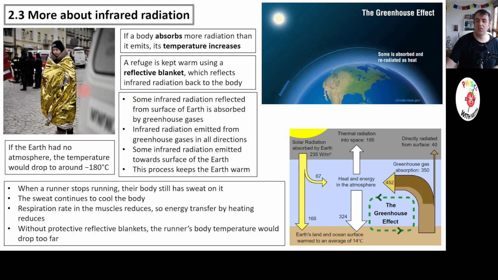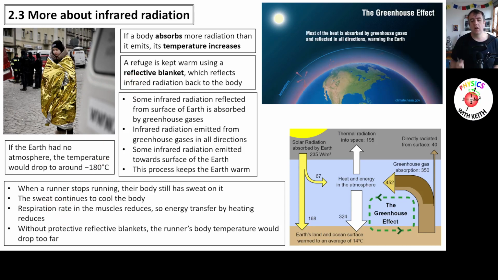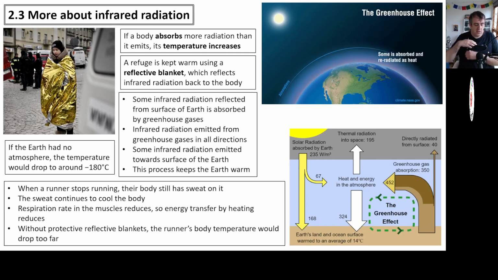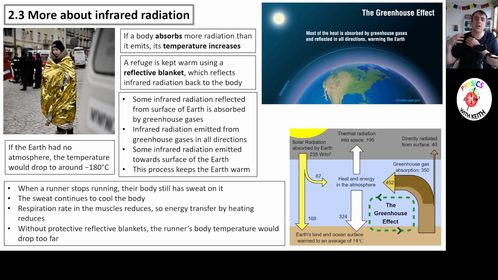That's a similar sort of thing that happens with marathon runners. While they're running, the muscles are being used. While their muscles are working, there's respiration going on at a higher rate, so the muscles' temperature is going to increase, and the body responds by sweating, so that as the sweat evaporates off our skin, the skin temperature and the sweat remaining temperature drops.